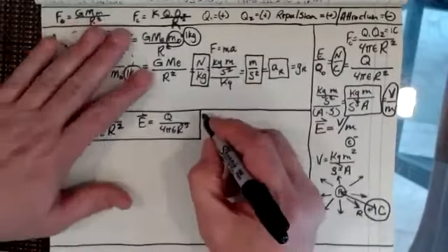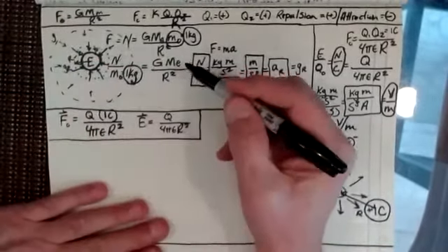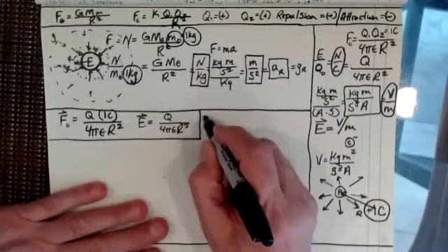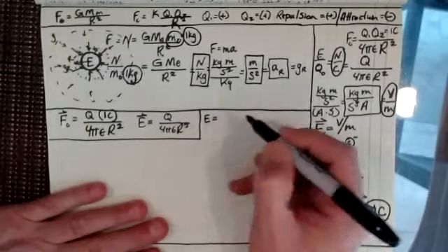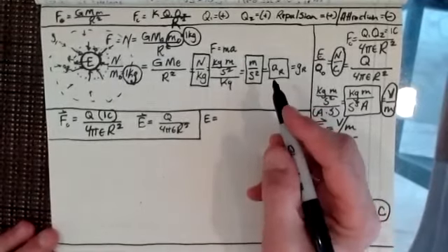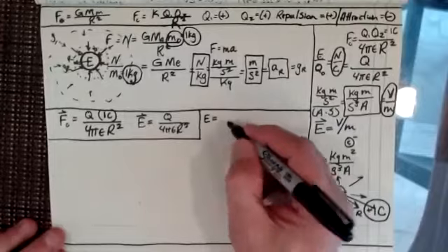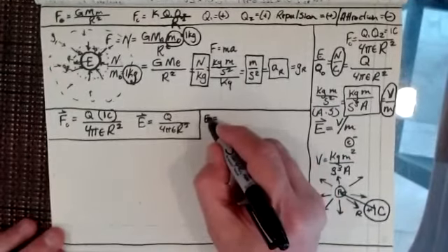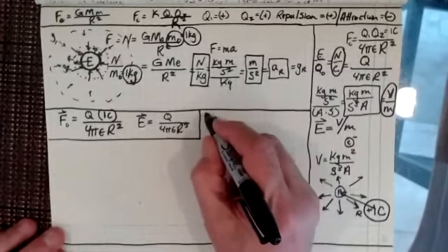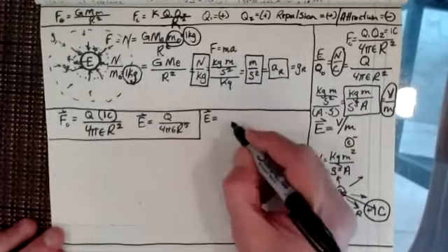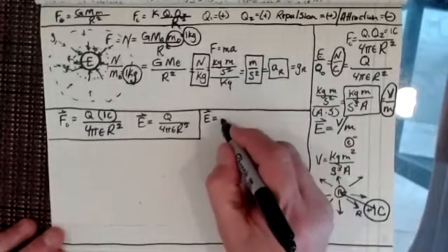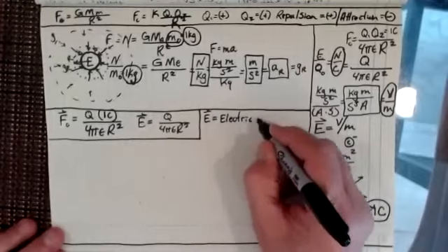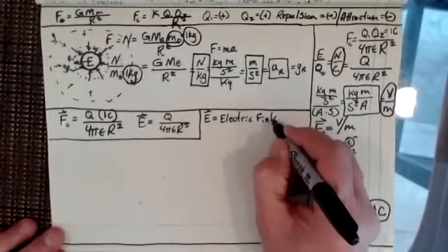So let's talk first of all about the language that we're going to be using. If I use E, and I'm talking about an electric field, I'll put the vector on top, and that's called electric field strength.